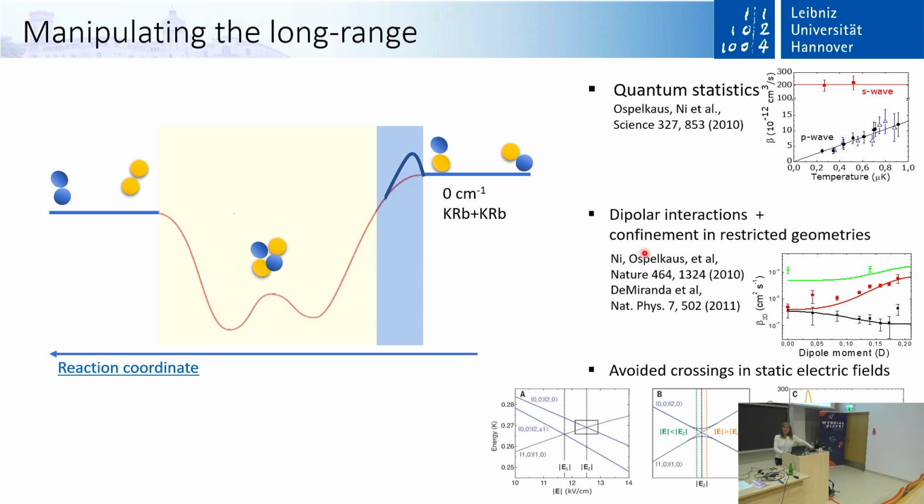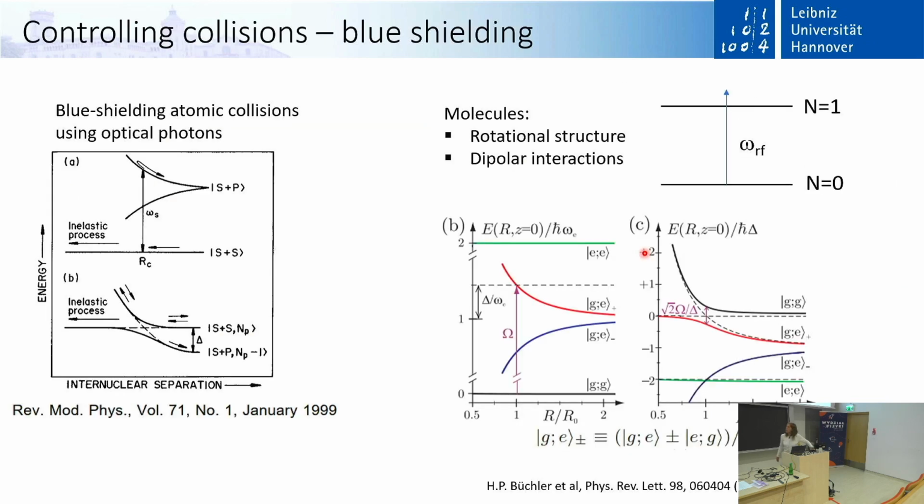What's currently under discussion, and this has also been discussed in this meeting already, is this blue shielding of collisions, which has been put forward already in the 90s for atomic systems, where the idea was to have two atoms colliding and undergoing loss at short range, shielded from this short range by means of adiabatic energy structure. How do you do this? You have this S plus S threshold.